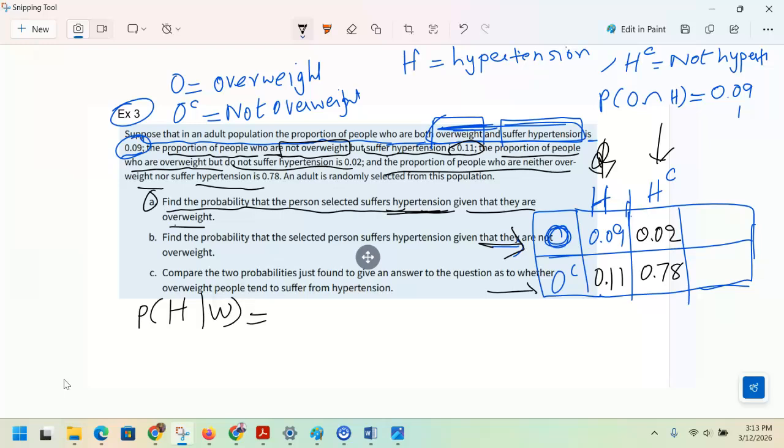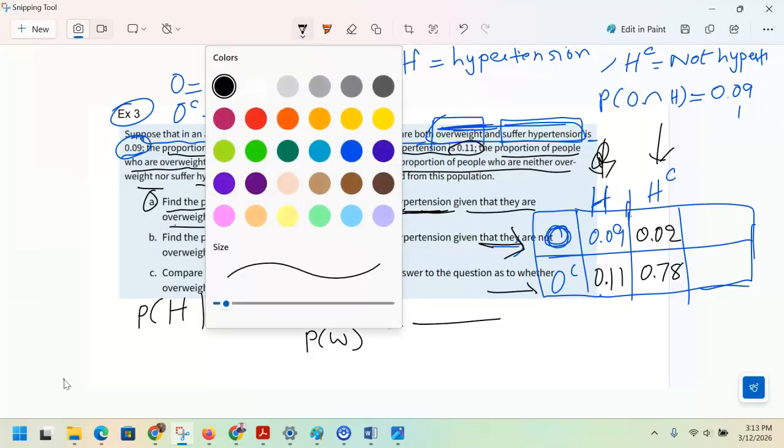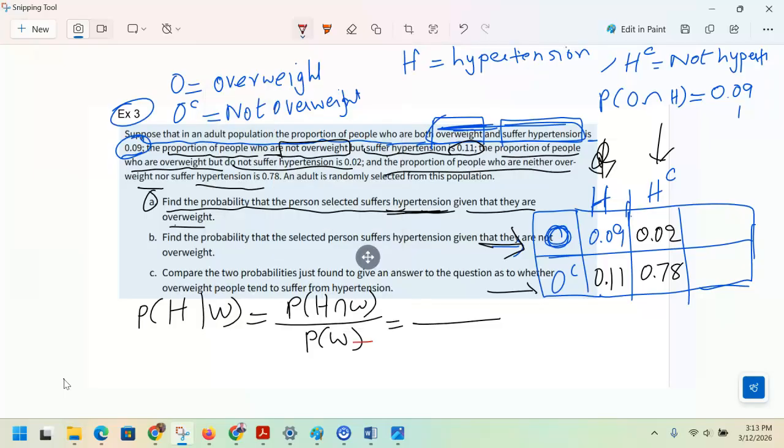And by formula, what does this mean? It is the probability that a person suffers both hypertension and overweight, divided by the probability that he is overweight. All you do is look up from the table. Let's do the bottom piece first. What is the probability that a selected person is overweight?